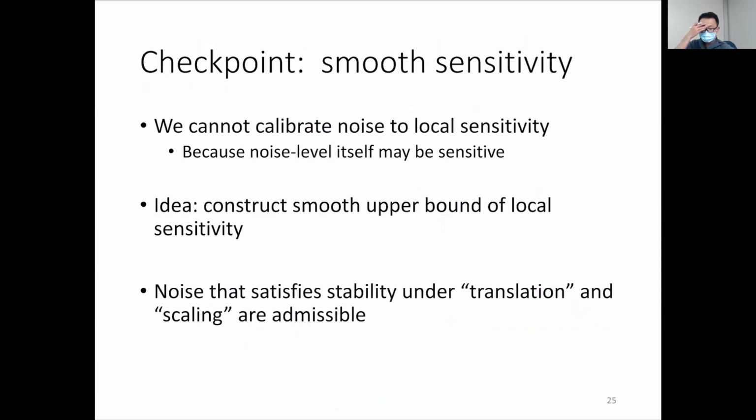Those noise distributions that satisfy the translation properties and scaling properties are admissible, and then we can add these noises according to the smooth sensitivity that we can compute for the particular query. In general, it is computationally inefficient to compute smooth sensitivity, but for many cases, including the median, we can compute it. And for other cases, even if we cannot compute it, we can obtain a very good upper bound of the smooth sensitivity, so we can add noise accordingly.